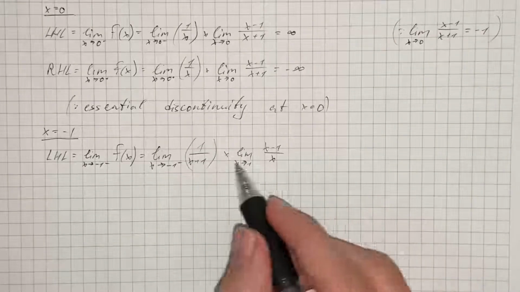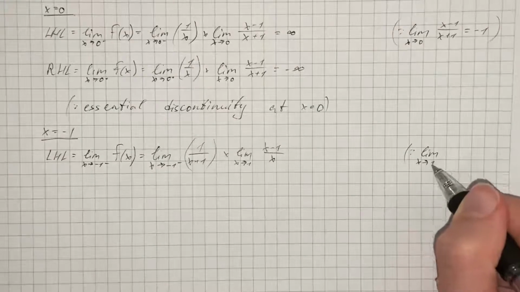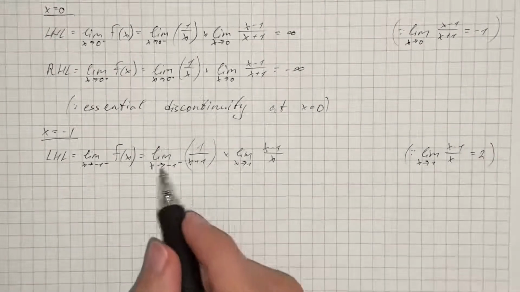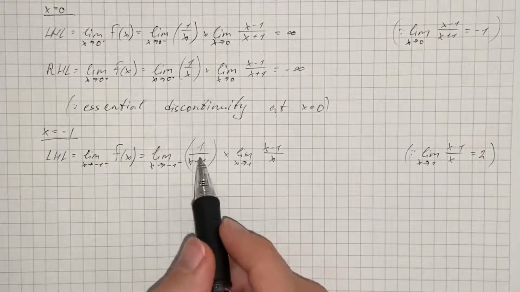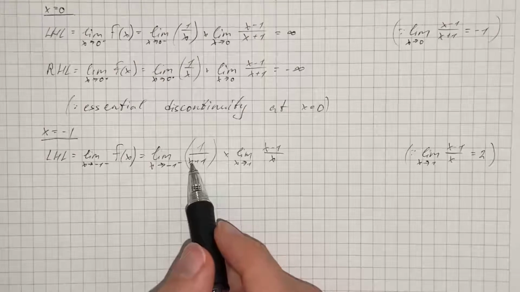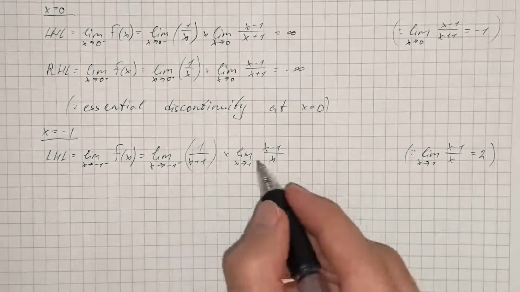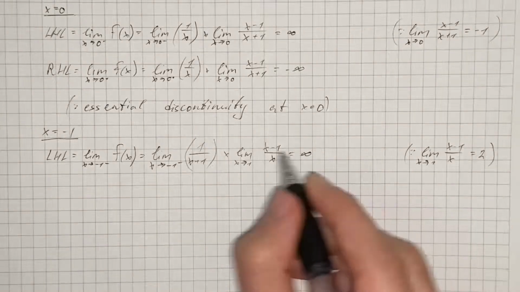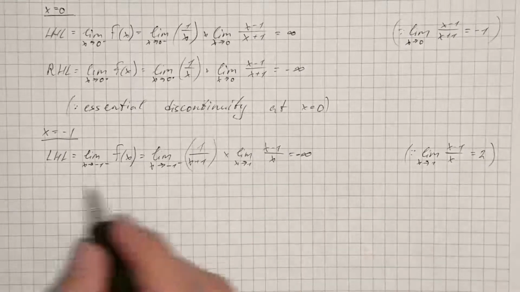We're going to find that the limit as x approaches -1 of (x minus 1) over x equals 2. And if we substitute x by -1 minus in the first limit, we get negative infinity. Oh, sorry, here we have negative infinity, so that's going to be negative infinity.